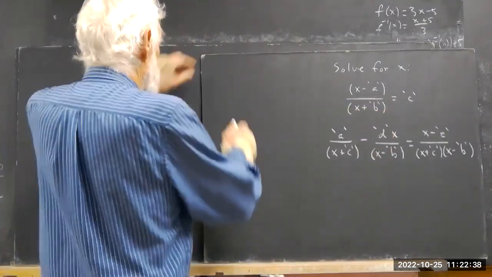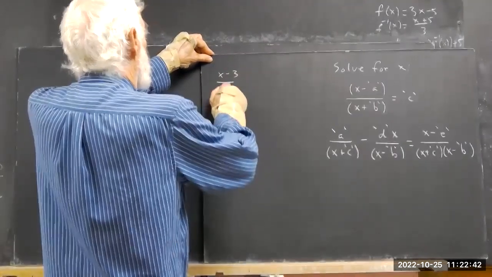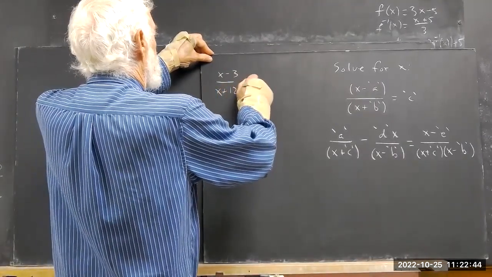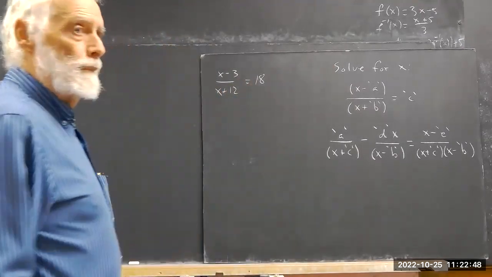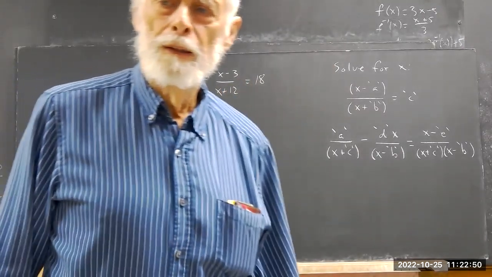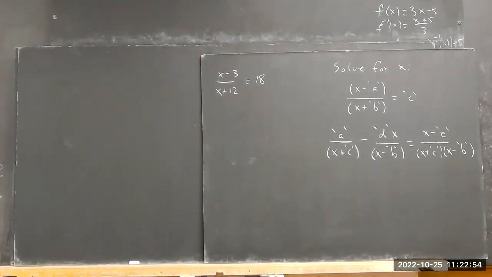So let's say we have (x minus 3) over (x plus 12) equals 18. Now, I'm going to discuss this just briefly.